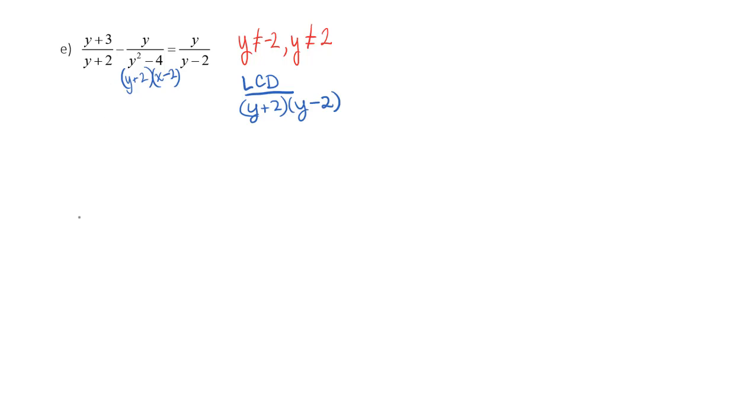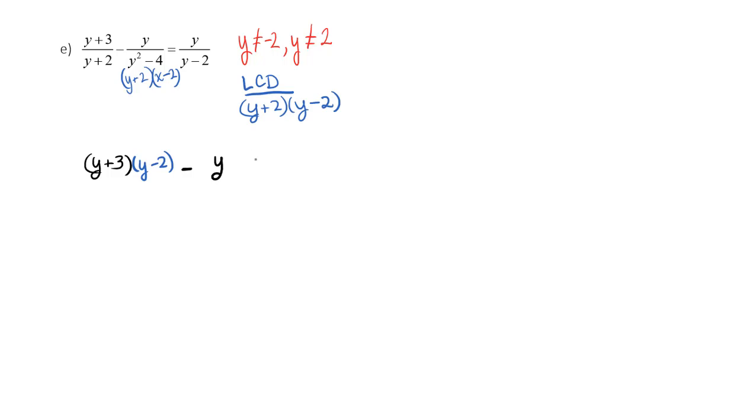When I multiply the first fraction by (y + 2)(y − 2), my y plus 2 will divide out, and I'll have y minus 2 as a factor left in the numerator. Looking at the next fraction, I have minus y times the y plus 2 and the y minus 2 will both divide out, and I'll just have negative y times 1, or just negative y.